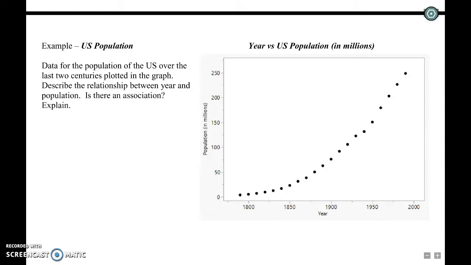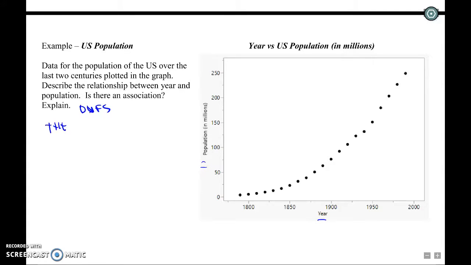This is data for the US over the last 2 centuries. This is the year, and this is the population in millions. As you can see, hopefully, there's a very tight pattern, but it's not straight. So DUFs. There's no unusual features, so we're just doing DFS.